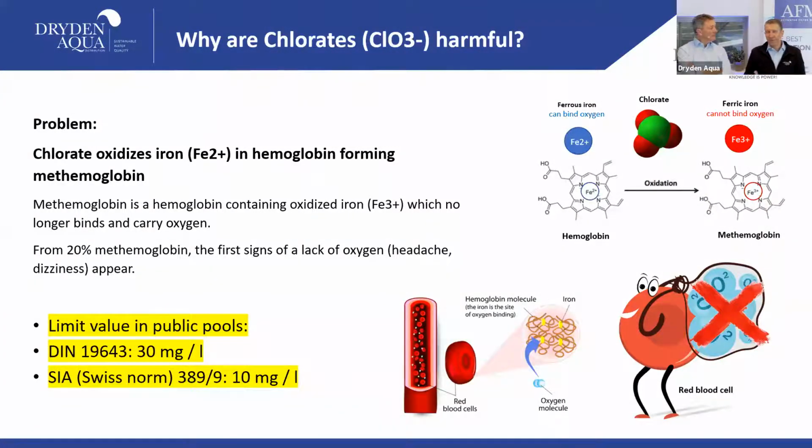Chlorate, if you are exposed to it, will oxidize the Fe2+ in the hemoglobin and convert it into Fe3+. And this takes away the hemoglobin's possibility to bind oxygen and move it to your cells. So as a consequence, you lose your possibility to provide your body with oxygen.